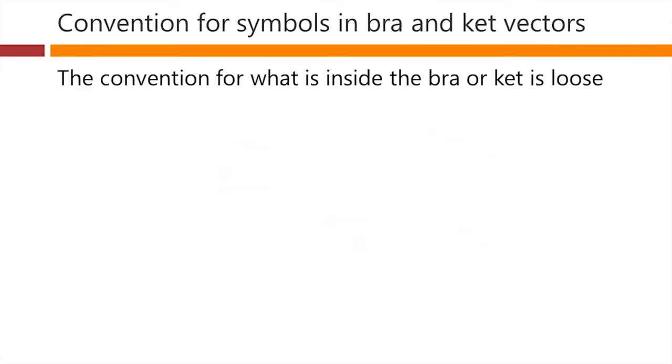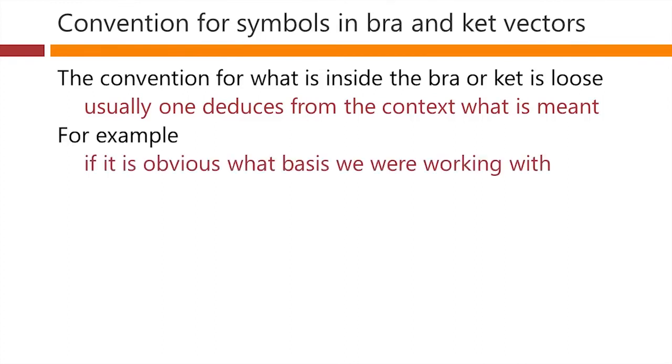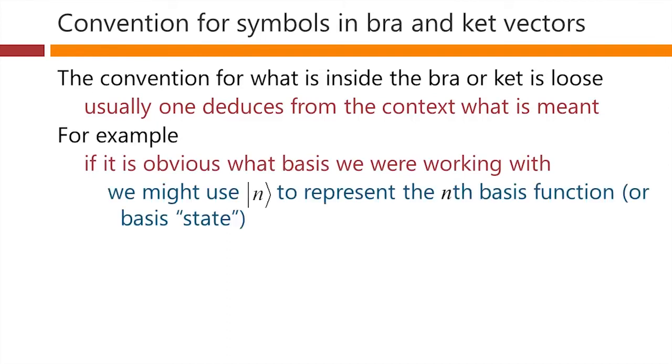Now, the convention for symbols in bra and ket vectors is really rather loose. Usually one deduces what is meant by what's inside the bra or ket based on the context that you're in. For example, if it's obvious what basis we're working with, then we might just simply write the ket vector as something with maybe an n in it to represent the nth basis function.